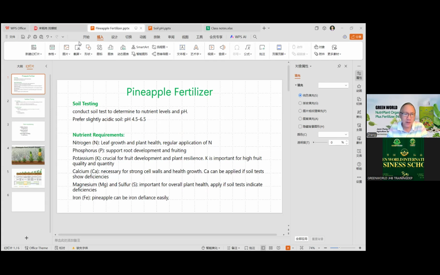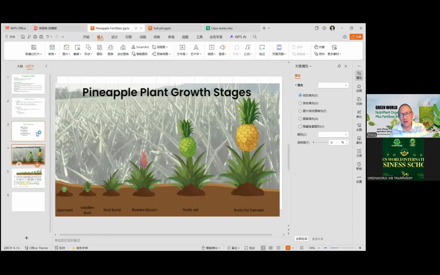For the pineapple, we should have a relatively easy life cycle, with a little bit more small plants to start flowering and fruiting. Almost all agriculture crops, you can divide into two major crop types.